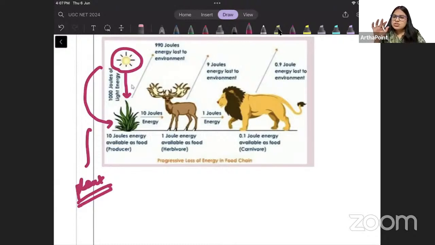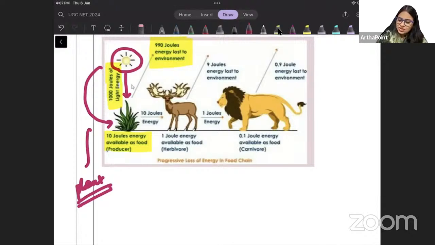It is only able to process some percentage of the sunlight. और बाकी जो energy generate हो रही है it gets lost on the way. ठीक है, जैसे for example हमने यहाँ example लिया है that this is 1000 joules of light energy. The plant is only taking 10 joules and 990 is lost to the environment. 990 वापस environment में छूट गया. प्लांट सिर्फ उसका 10 joules ही ले पाए. The plant is able to process only a very, very small part of the entire sunlight.